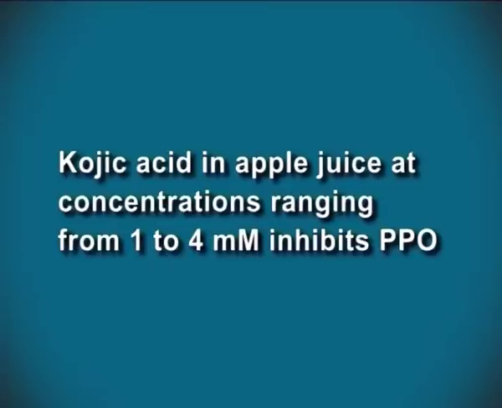Usually, citric acid is used for its chelating role but also for acidifying the medium. Kojic acid in apple juice at concentrations ranging from 1 to 4 millimolar inhibits PPO activity and bleaches melanin due to chemical reduction of the browning pigment to colorless compounds.